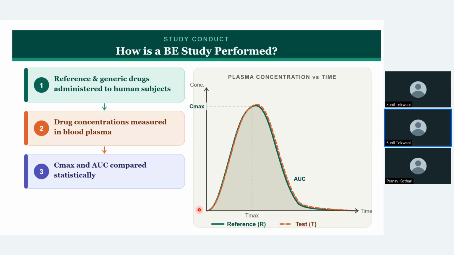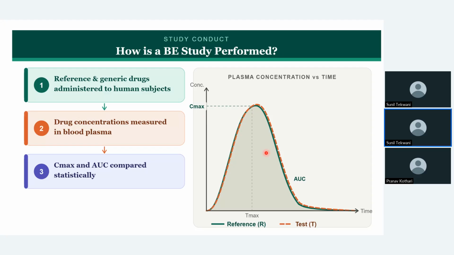This dotted line is for the test product, and this green bold line is for the reference product. The Cmax of both and AUC of both, test and reference, is compared, and then it is finalized whether the drugs are bioequivalent or not.